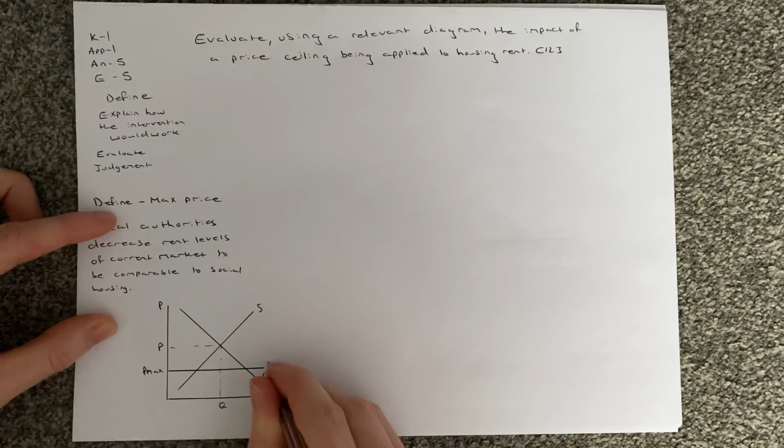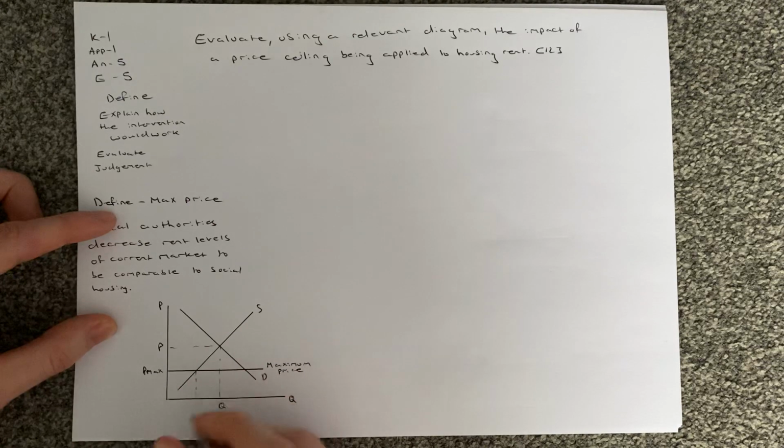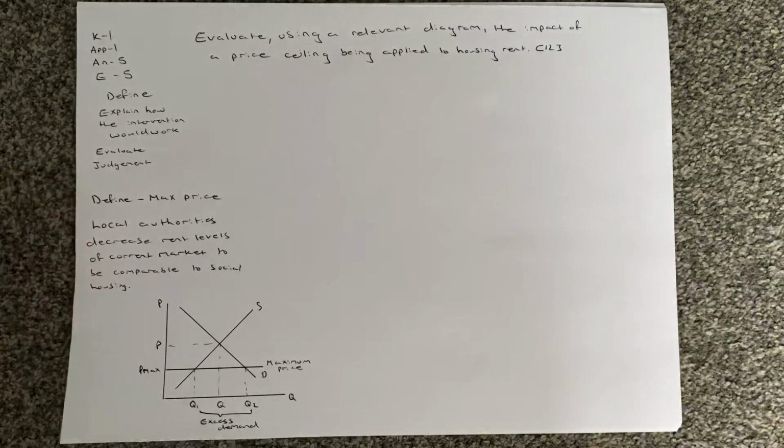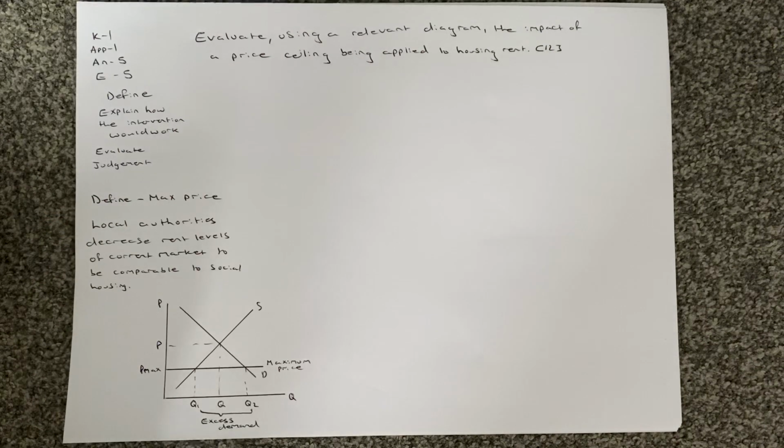P max, maximum price, and we'll make sure to add in our additional quantities, and we'll label that area between Q1 and Q2 as excess demand. So as you can see, we've drawn our maximum price diagram very well indeed.